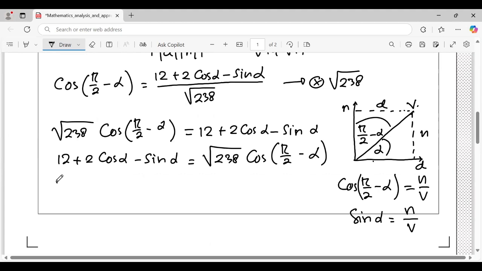So this equation becomes 12 plus 2 cosine alpha minus sine alpha equals square root 238 sine alpha.